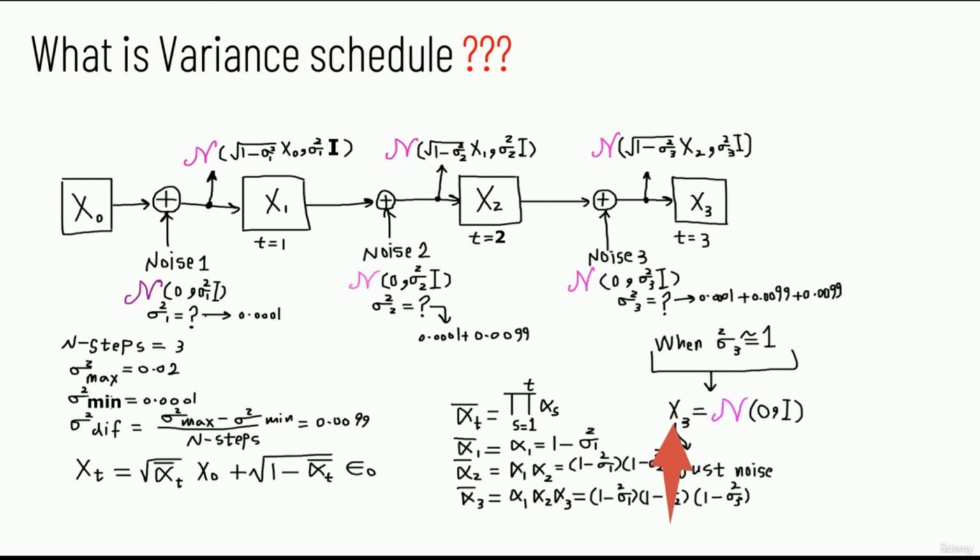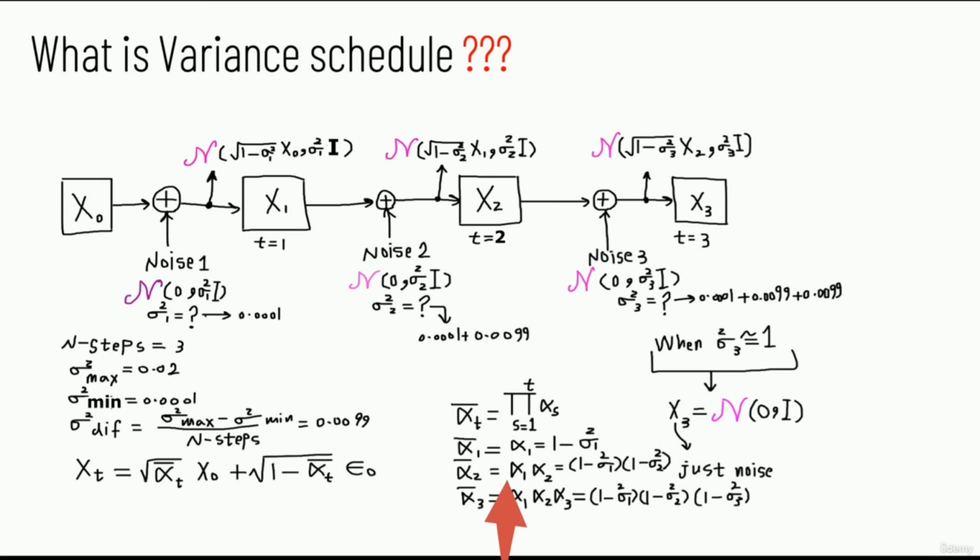We said previously that we will use alpha rather than the variance. So here, let's say that we want to compute alpha bar 1, alpha bar at time step 1. It is equal to alpha 1, which is equal to 1 minus the variance at time step 1. Now, let's say that we want to compute alpha bar 2, alpha bar at time step 2.